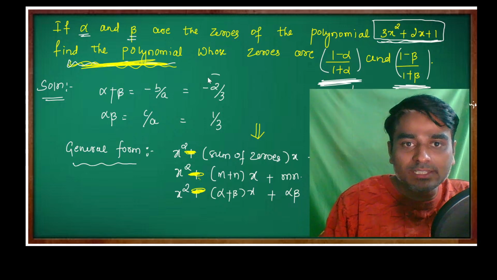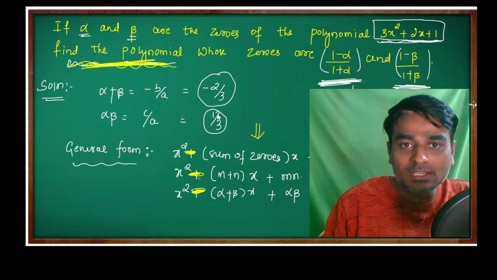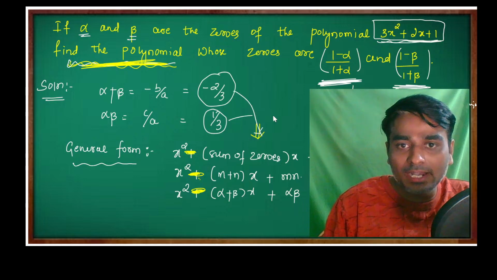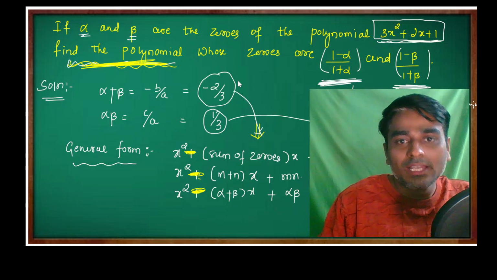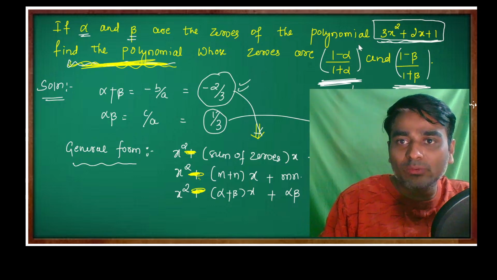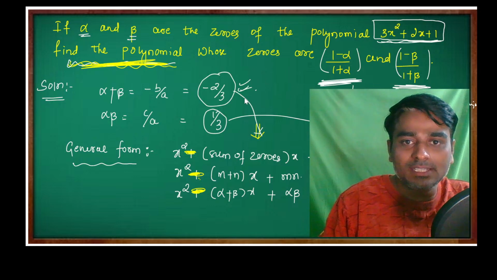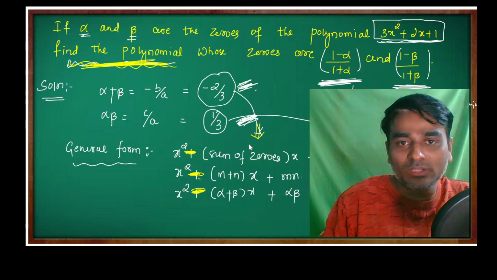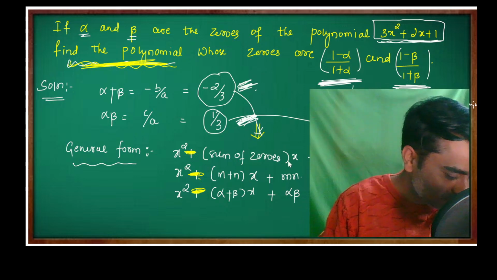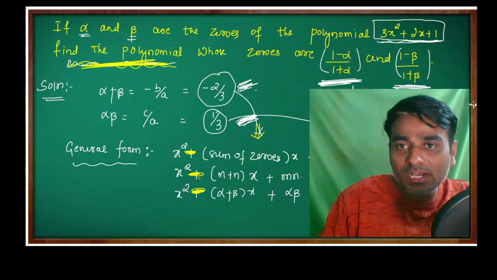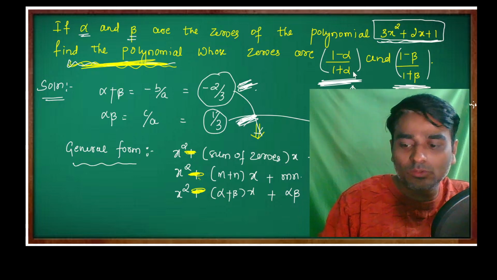Don't think that you will just put these values in here and get your answer. No. This is related to the given polynomial. We will take help of this, but we are not going to insert these values here. We are going to get the values from these two.